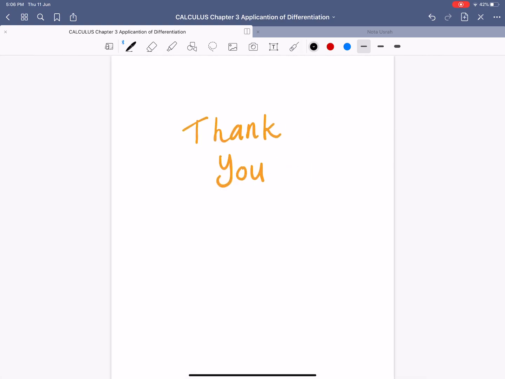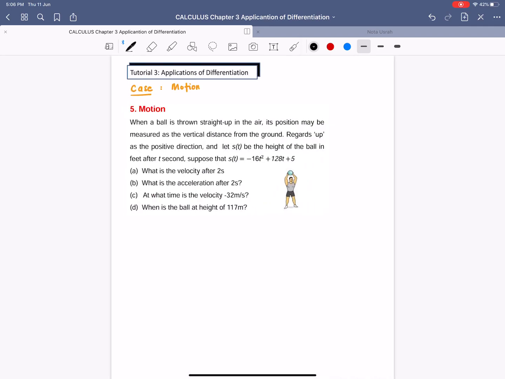And this will be our final example for this lecture video, which is about motion. Okay, when a ball is thrown straight up in the air.